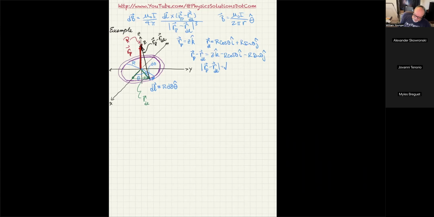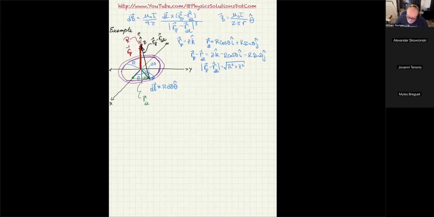If you actually tried to do the Pythagorean theorem on that, the sine squared plus cosine squared would give you 1, so you just get plain r. The other leg is the red vector, and that has a magnitude of z. So I'm going to call the magnitude the square root of r squared plus z squared.